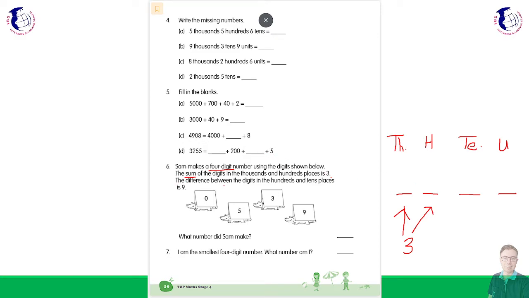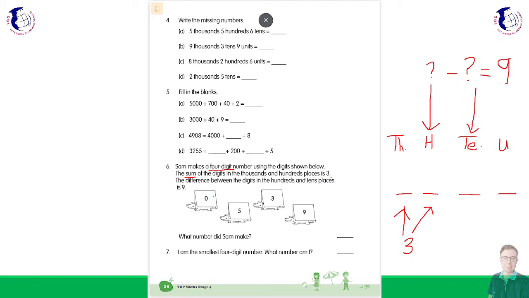Then we've got the difference between the digits in the hundreds and the tens places is 9. You've got the hundreds here and the tens here. Remember, difference is just minus, so you're going to have a number minus another number equals 9.